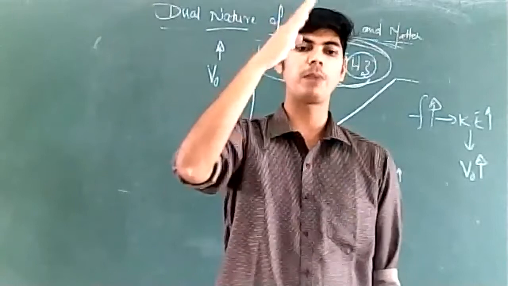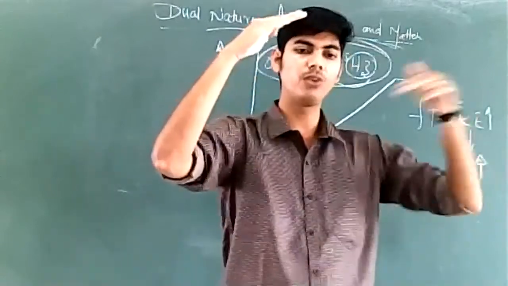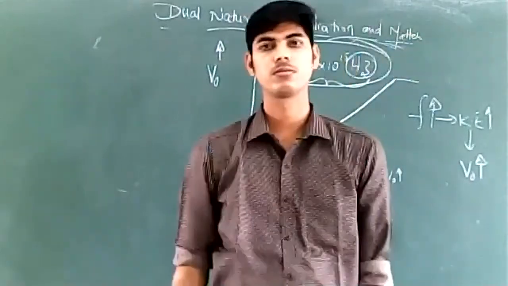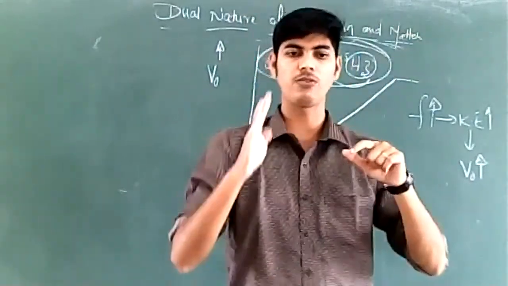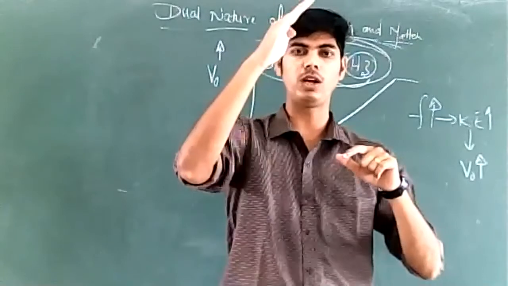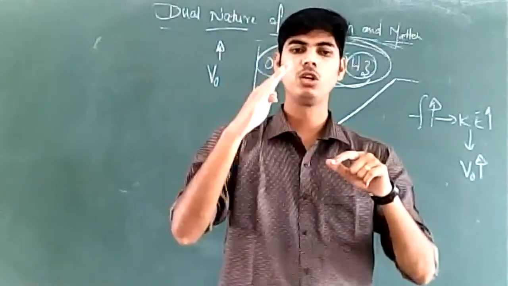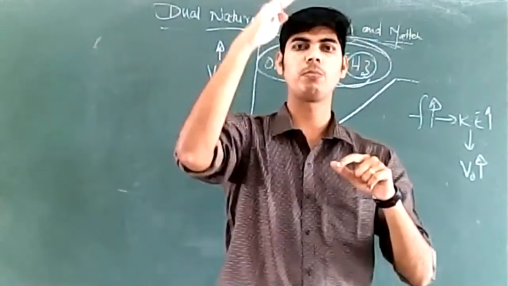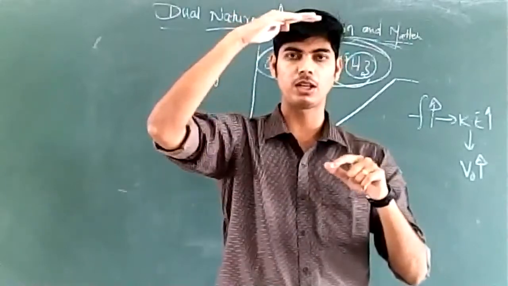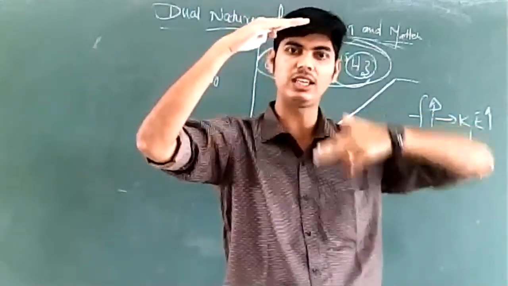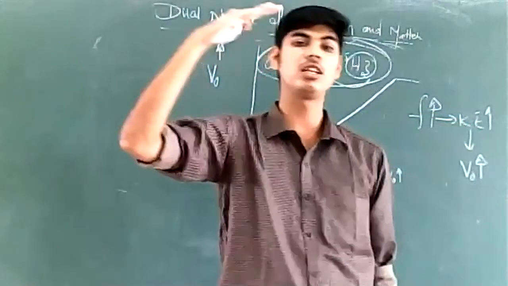After reaching a particular value, even if you increase the intensity of light, the current remains constant. As you increase the intensity, the photocurrent keeps increasing and reaches a maximum value. Say from 0 to 1 microampere, 2, 3, 4, 5 microampere. Even after reaching 5 microampere, if you further increase the intensity of light, the current does not increase.